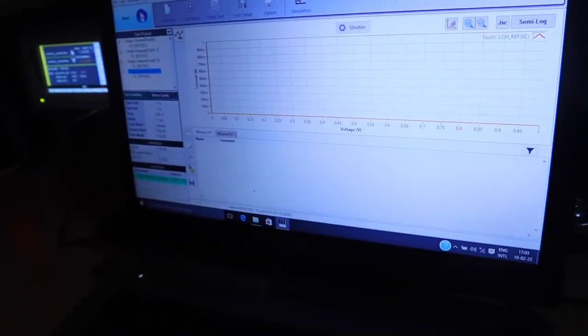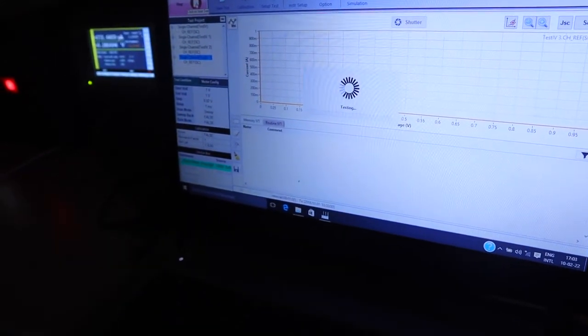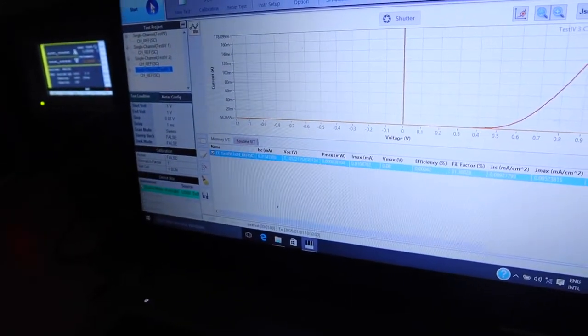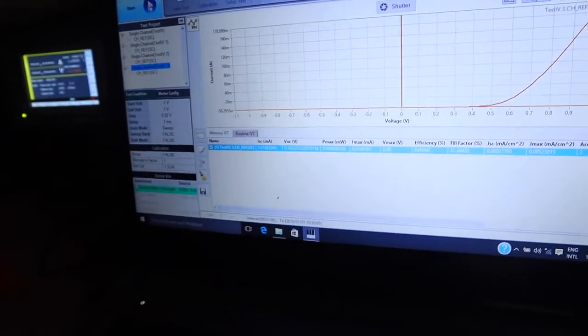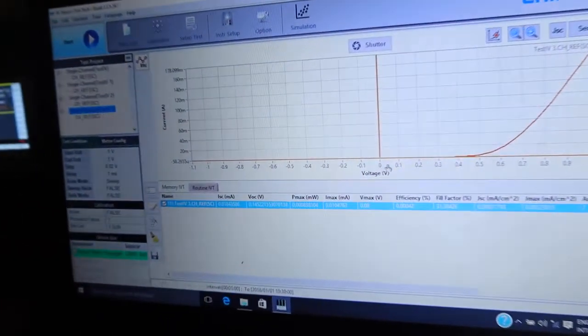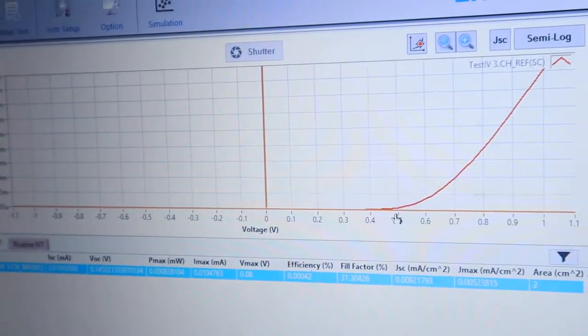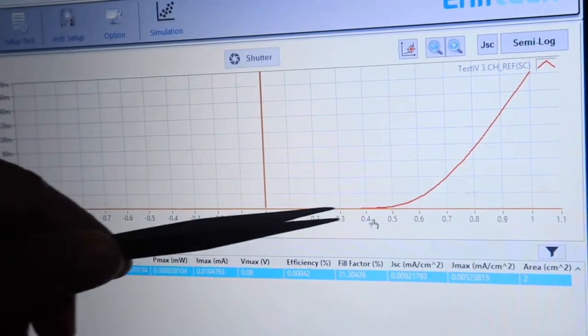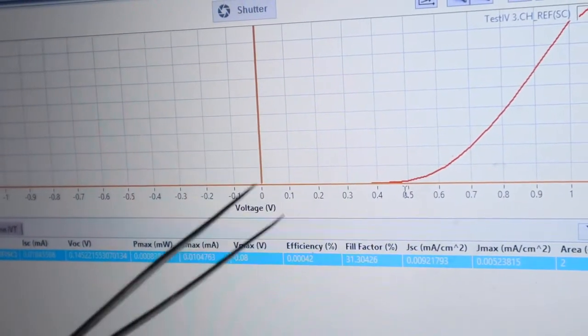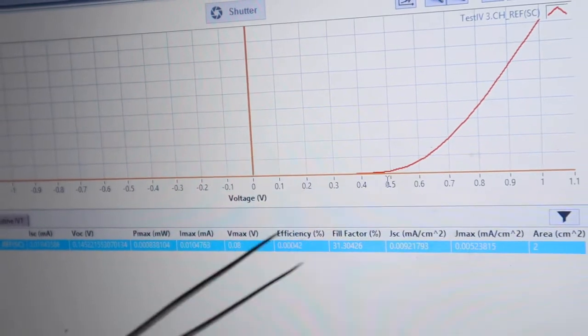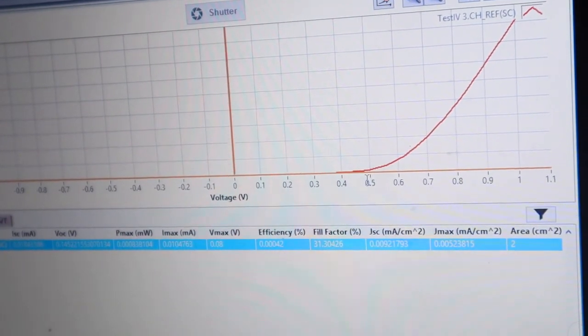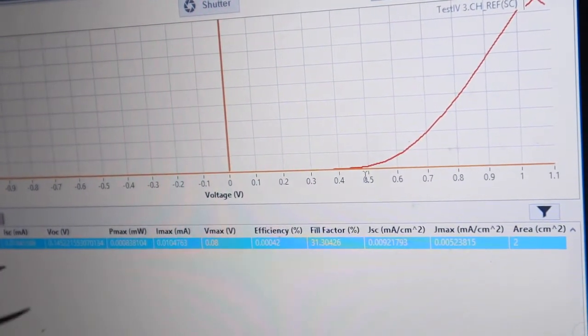And if we come to the measurement side, if I do the IV measurement, we can see that it will show just like a diode characteristic. You can see this is just like a diode characteristic, and there is no part present in the fourth quadrant, right?